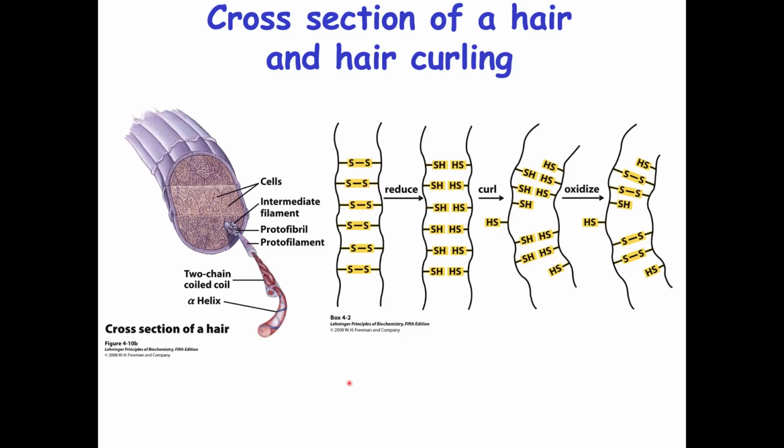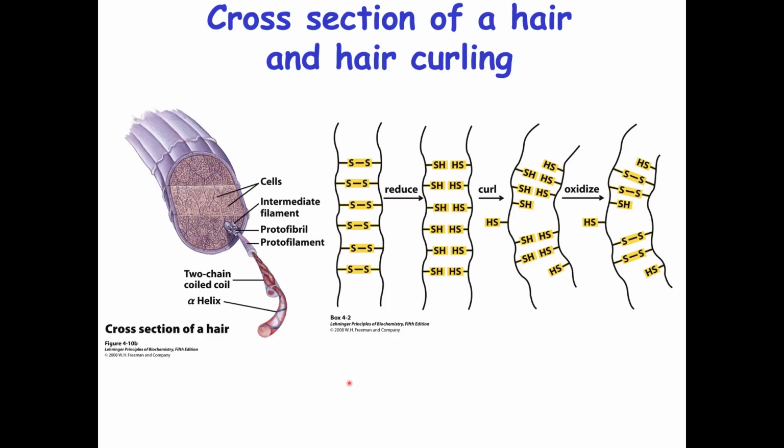That moist heat breaks hydrogen bonds and causes the alpha helical structure of the polypeptide chains to uncoil. After a time, the reducing agent is removed and an oxidizing agent is added to establish new disulfide bonds between pairs of cysteine residues of adjacent polypeptides. But these are different pairs than were formed before.